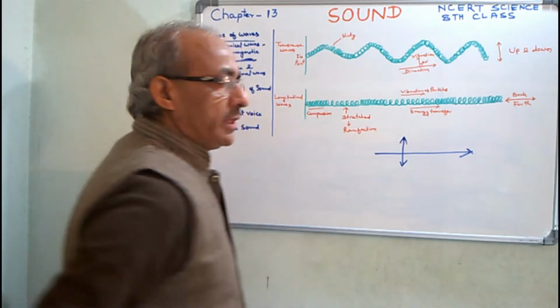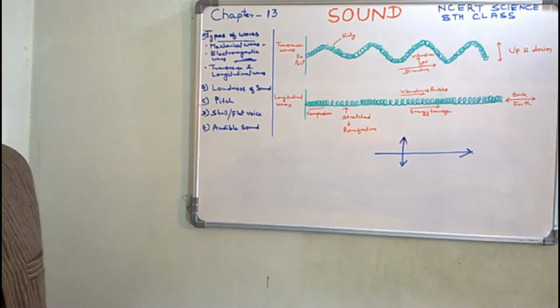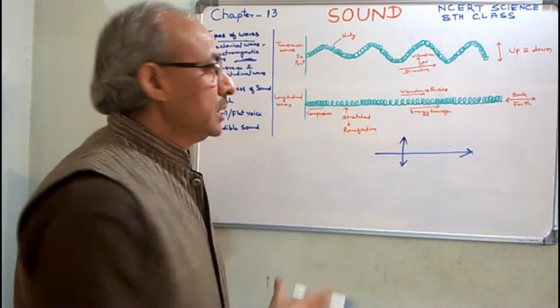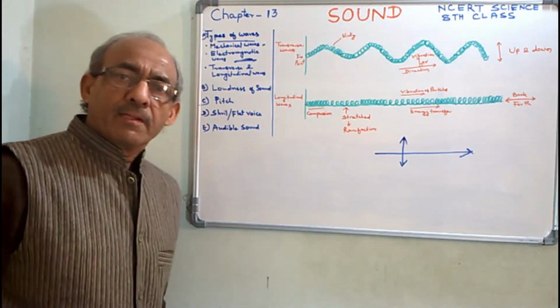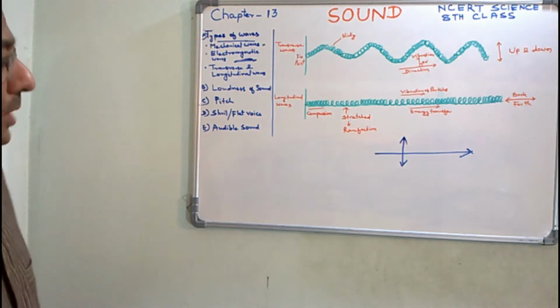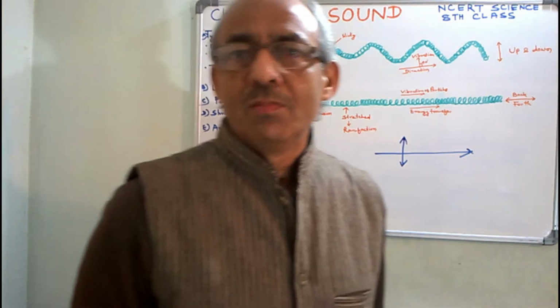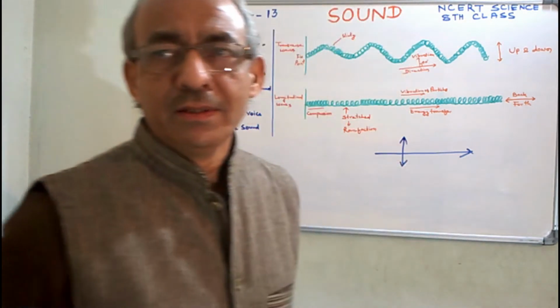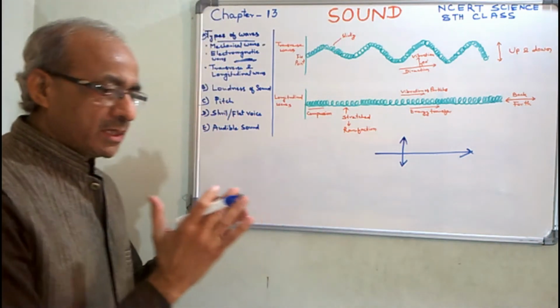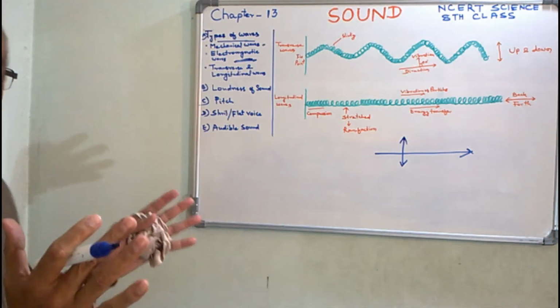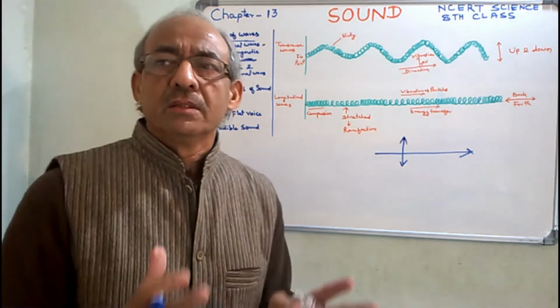Just by an activity, we will understand these types of waves. Certainly, you have played with the slinky. A slinky is a pre-compressed helical spring.